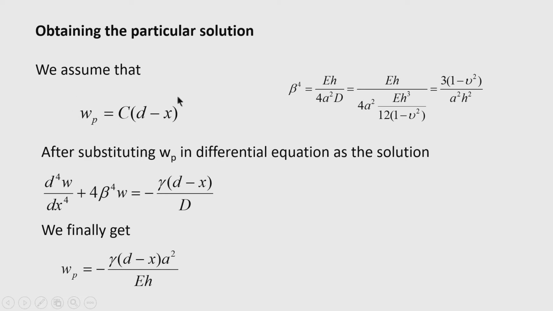Substituting this Wp in the differential equation, we finally get the particular solution as Wp equal to minus gamma into (d minus x) a square divided by E h. Simplification is made by using beta to the power 4 as E h divided by 4 a square d.